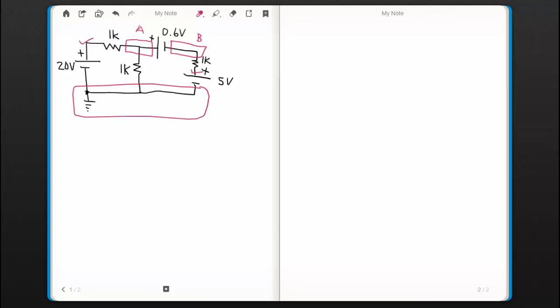You see, when you have a voltage source where neither side is ground, the value of that voltage source, 0.6 volts in this case, tells you the difference in voltage between the two nodes that it's connected to. So we know that VA is 0.6 volts higher than VB. The reason I know it's higher instead of lower is the polarity.